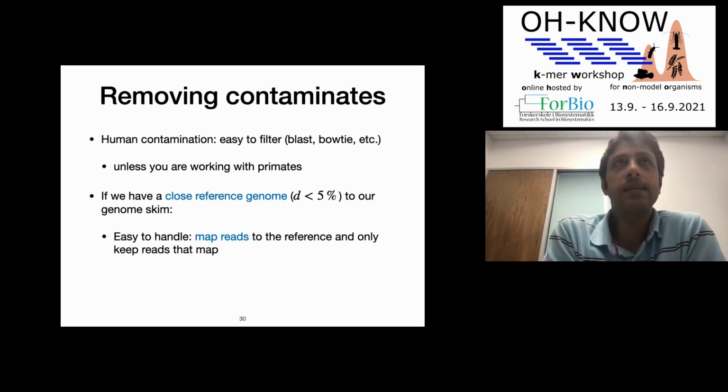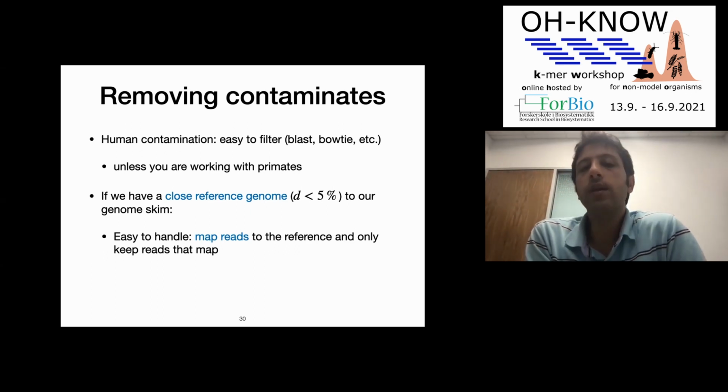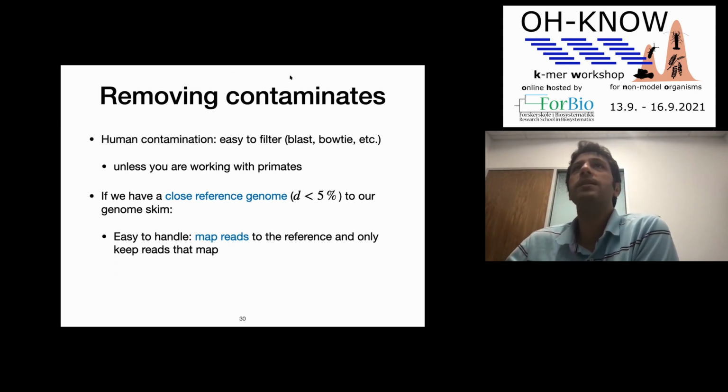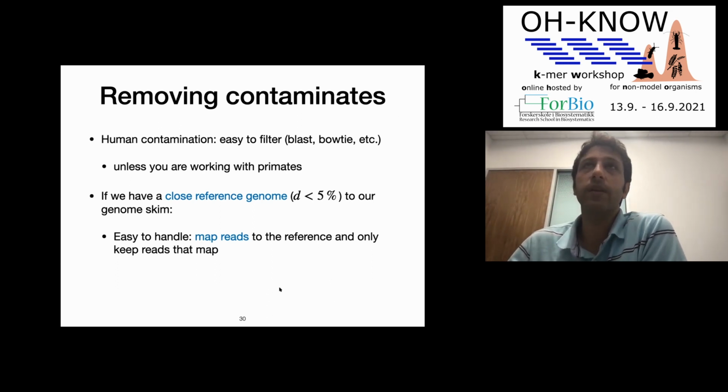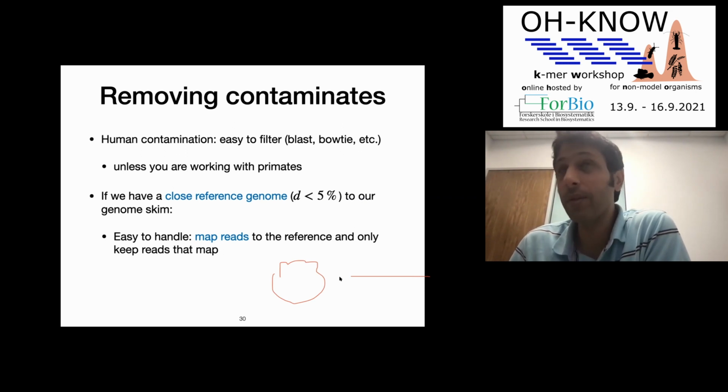Another case that is easy to deal with is if you have a close reference genome for your genome skim, and by close, I mean something like 5% different, right? So if I have a genome skim and I have a genome assembly, let's say from the same genus, or sometimes maybe the same family would work, depending on their distance.